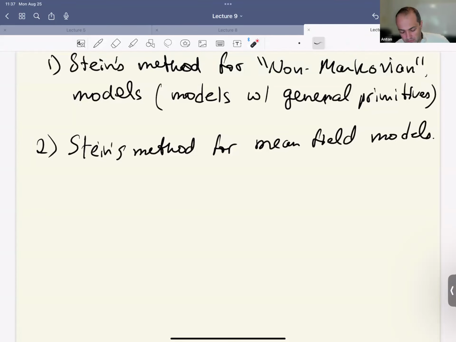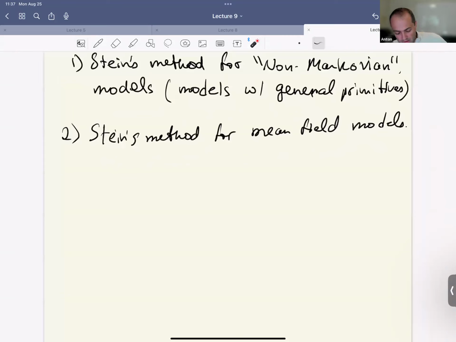Just to give you a roadmap of what I want to cover, when we're going to talk about models with general primitives, here we're going to be departing the typical simple queuing assumptions where we have like Poisson arrivals and then exponentially distributed service times. And I want to show you how to extend the generator approach to that setting. I'm not necessarily going to go and fully complete one example, but I want to give you the main ideas.